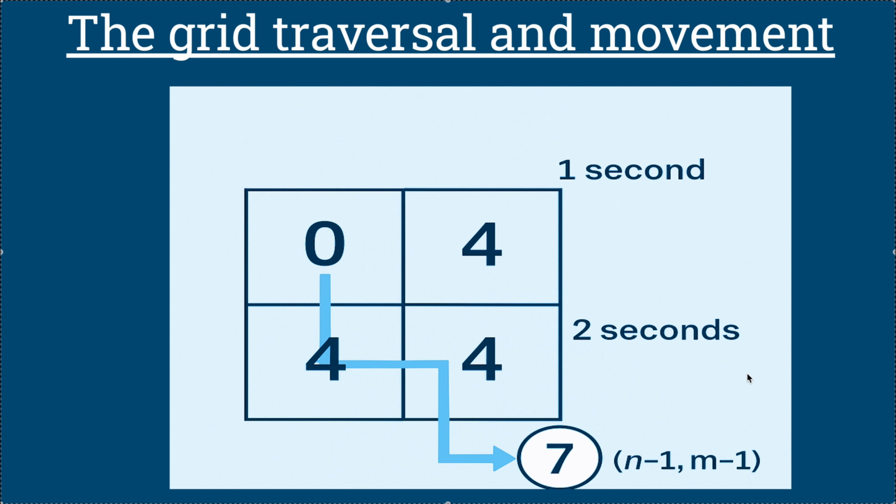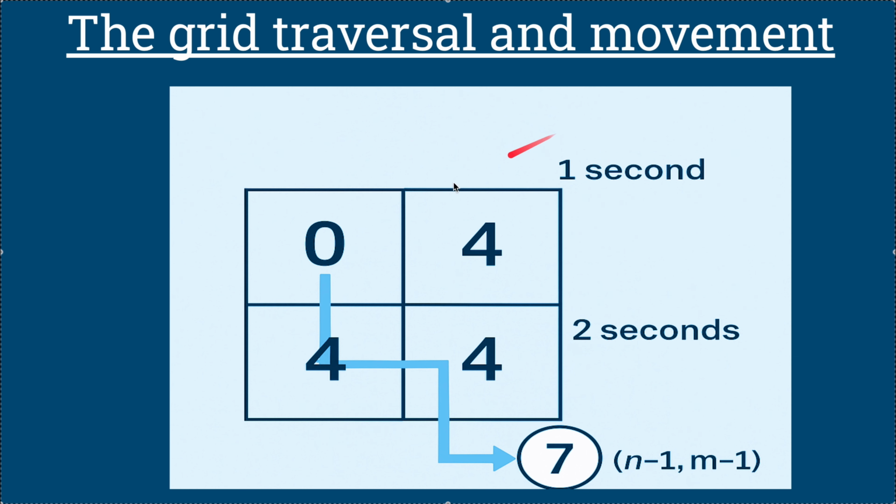In the grid you have to traverse your movement, and you have to track the seconds that you are using. So from here to here it is giving t equal to 4, right? So at t equal to 4 you will come here, but for the first move it is taking 1 second.